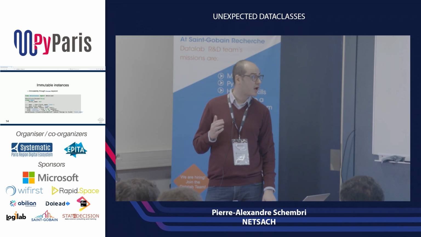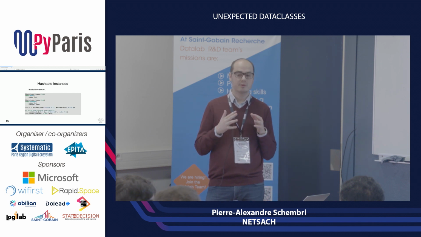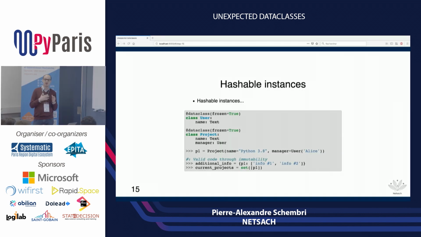It's that you can hash them. So as soon as you can hash your instances, you can use them in sets. And using sets to do data manipulation is just the best tool ever, because you can work with ensembles and perform all kinds of union and intersection.